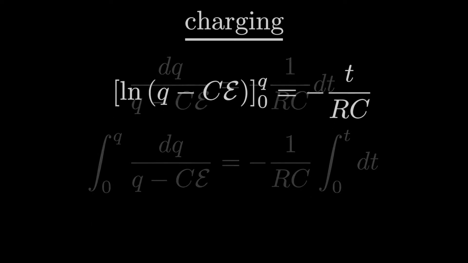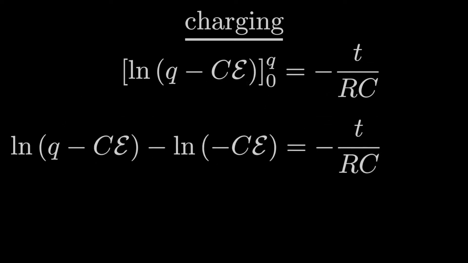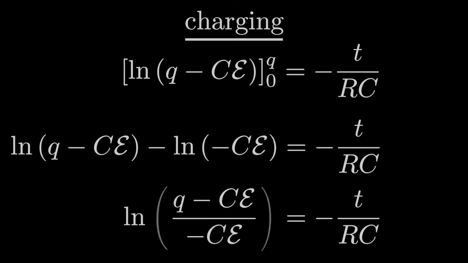Expanding out the left-hand side, we end up with the natural log of q minus C times the EMF, all minus the natural log of negative C times the EMF. Then we can make use of a well-known logarithm property. So instead of subtracting two logarithms, we can divide their inputs and then take the logarithm of that.